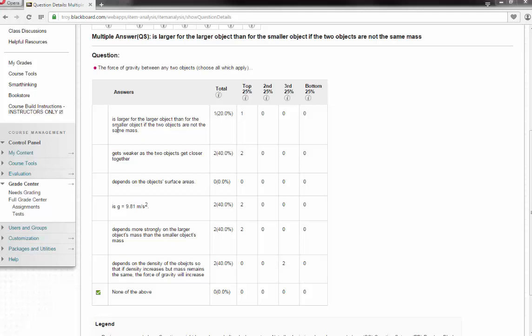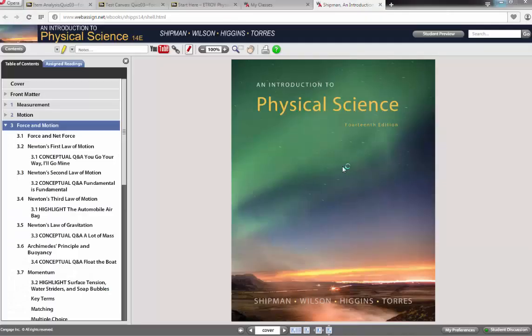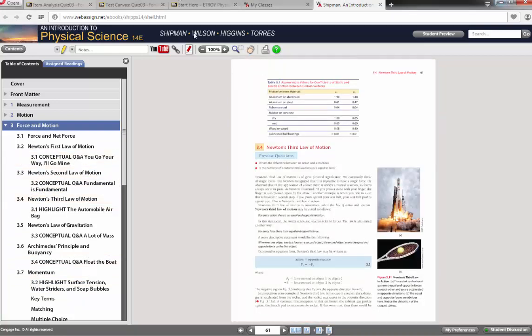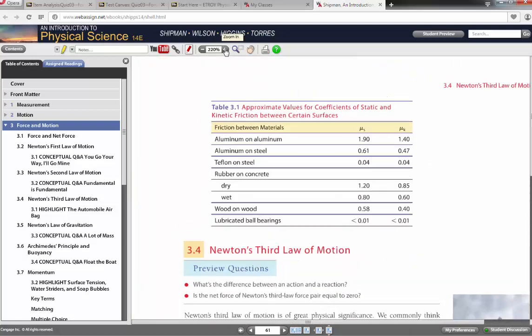We can in fact eliminate this option, and the reason why we can eliminate it is, and let's actually pull open the textbook in order to see this whole answer, because of Newton's third law of motion. So let's go to the section on Newton's third law of motion. And again, let's maybe zoom in so we can actually read what it says.